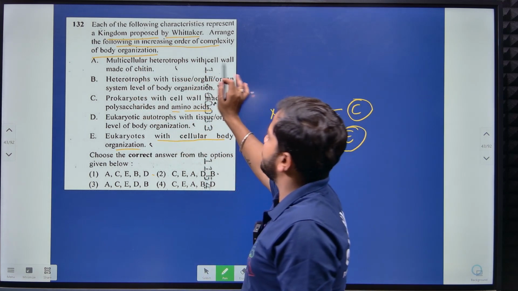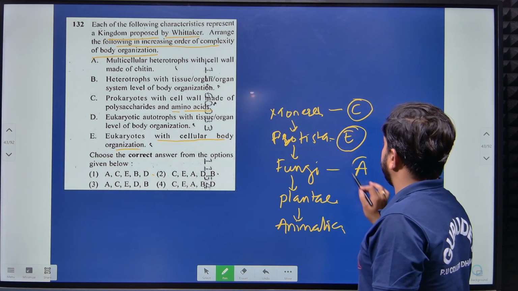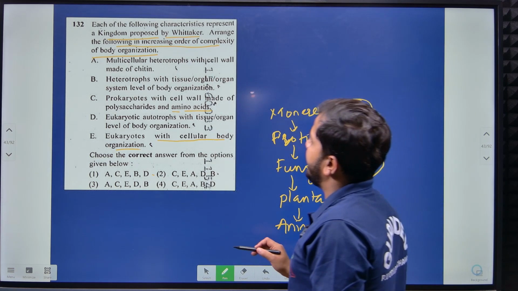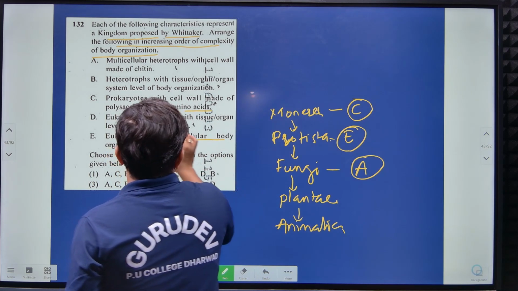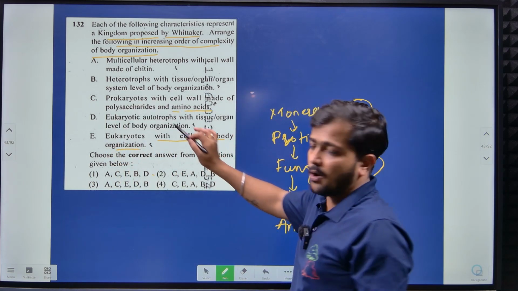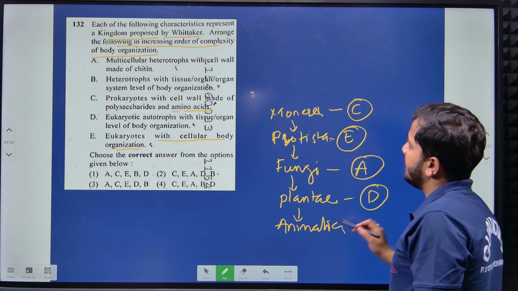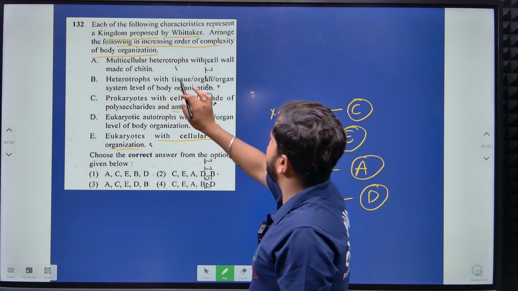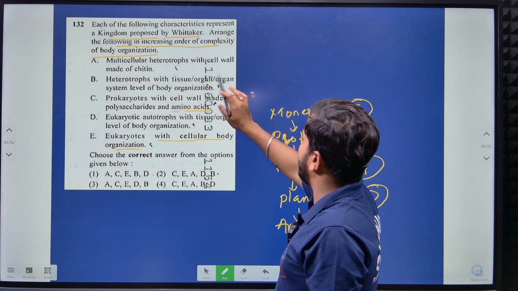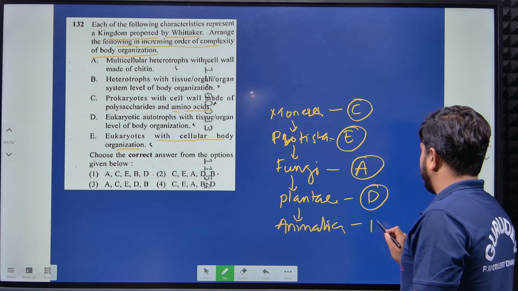Multicellular heterotrophs with a cell wall matches fungi. Plantae is left, related to eukaryotic autotrophs with tissue or organ level body organization, that is D. Lastly, heterotrophs with tissue, organ and organ system level of body organization is animal.